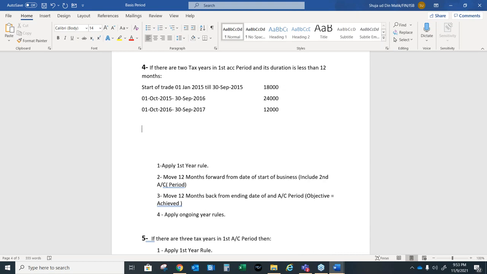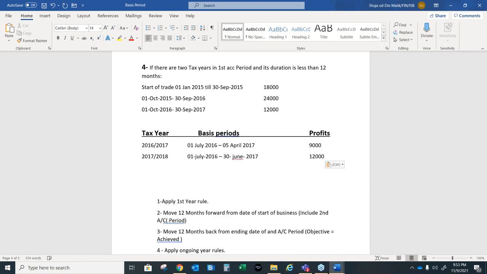So now this is the question, and I would urge again, if you could see, the first accounting period is from 1st January 2015 till 30th September 2015. Now, how many tax years are in this? Can anyone? Okay, Evelyn, two.